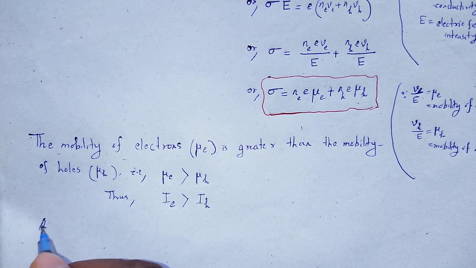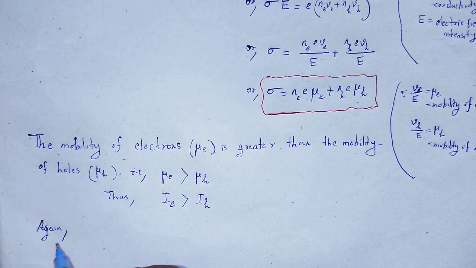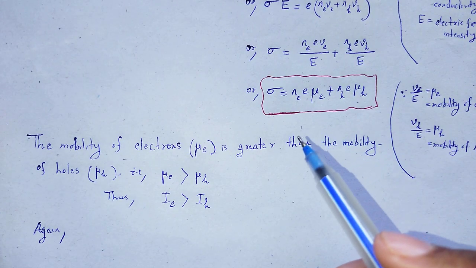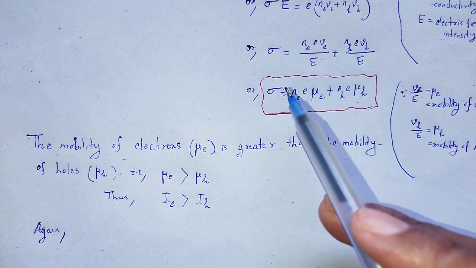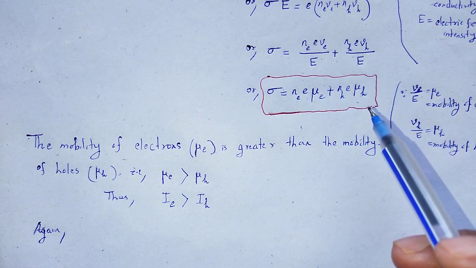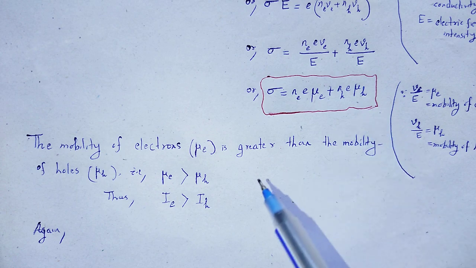Again, there are two types of semiconductors. This is an overall relationship between conductivity and mobility of semiconductors.